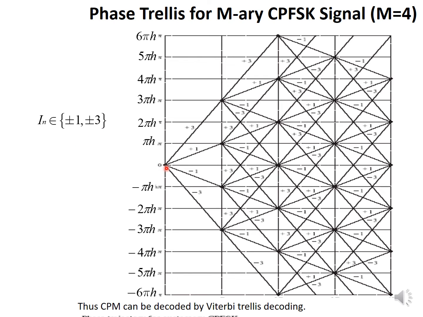So every transmission, i_n takes one of 4 different values corresponding to 4 different phases, and every new symbol transmission generates another 4 different phase changes.